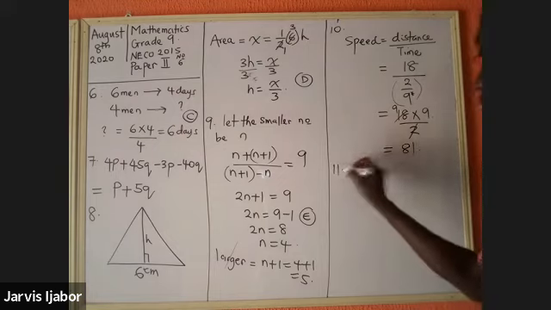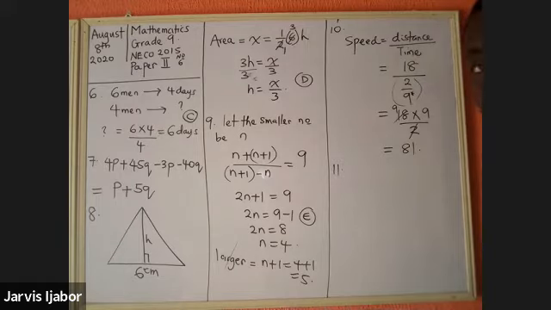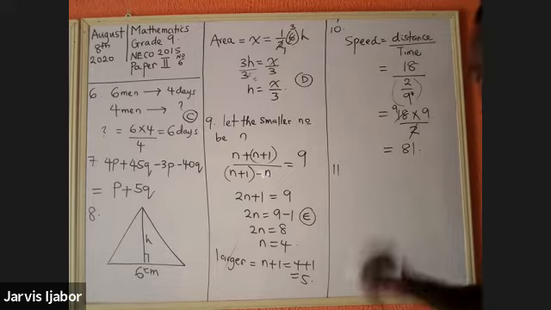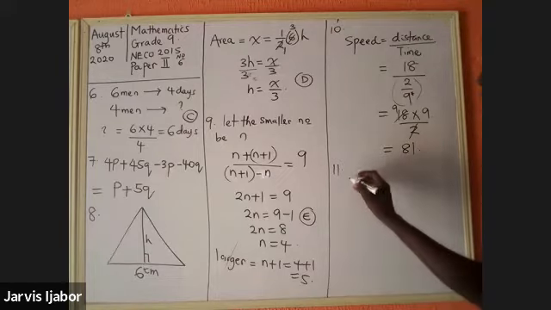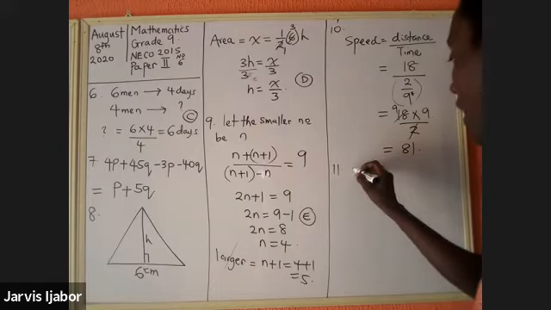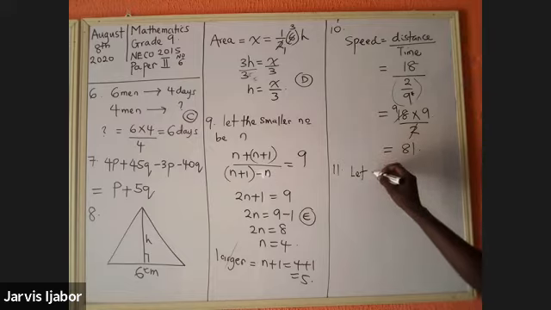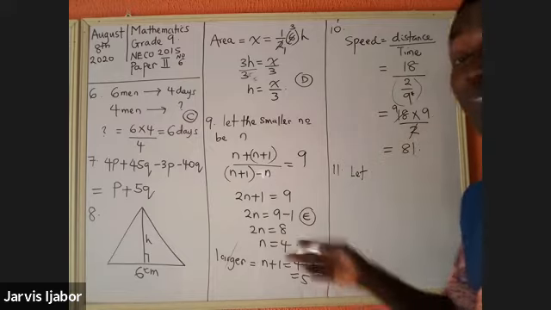So question 11. Ejiro is 8 years older than her younger sister. Ejiro is what? 8 years older than her younger sister. So let's, you can use anyone to solve it too. You can use Ejiro, you can use the other.